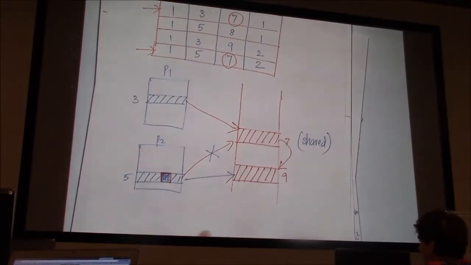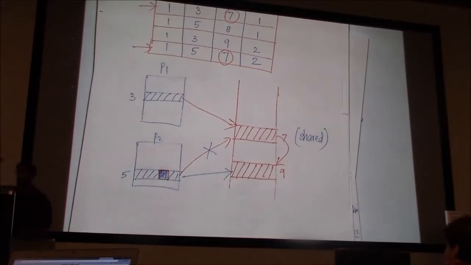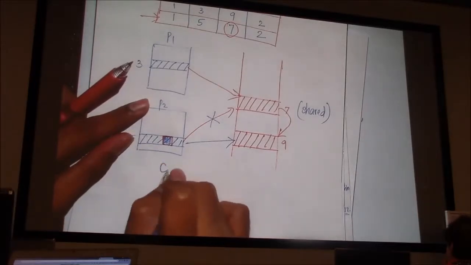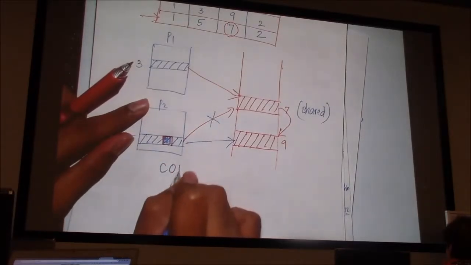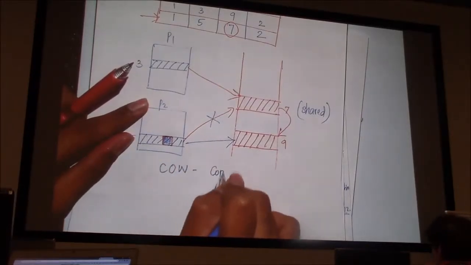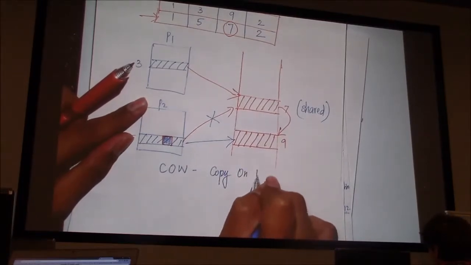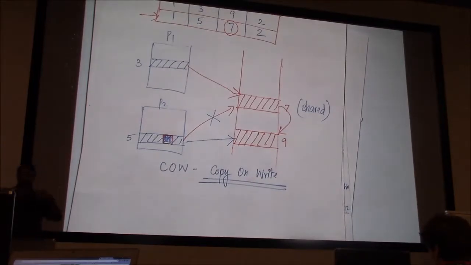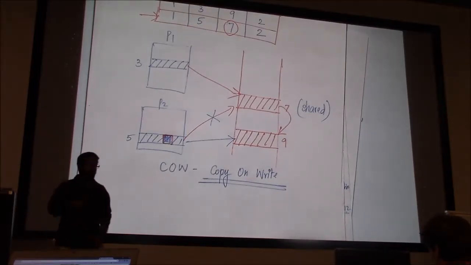This particular technique of copying physical pages only when they are actually written to is a very common technique in systems, and it is called copy on write. Only when you do a write to some shared page, just make a copy.